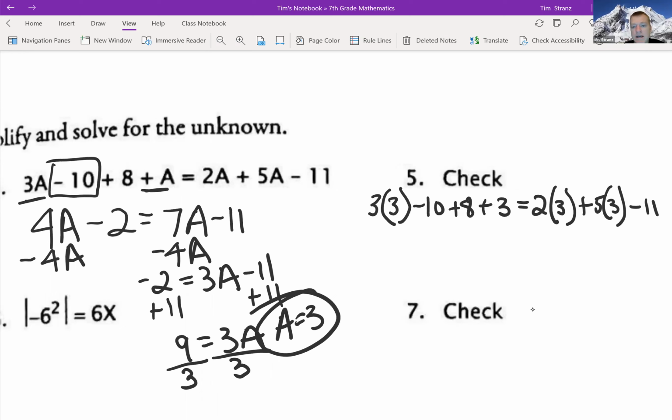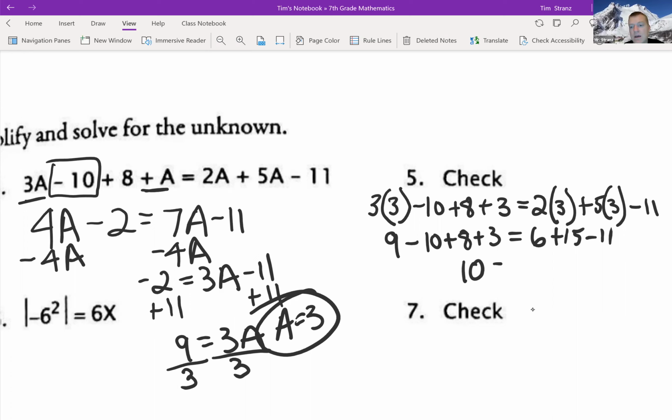Okay, so that's going to be 9 minus 10 plus 8 plus 3 equals 6 plus 15 minus 11. Okay, 9 minus 10 is a negative 1. Negative 1 plus 8 is positive 7. 7 plus 3 is 10. And on the right side, 6 plus 15 is 21. 21 minus 11 is 10.